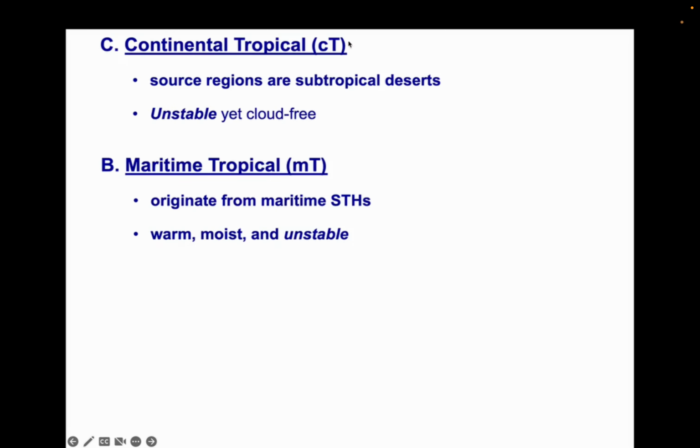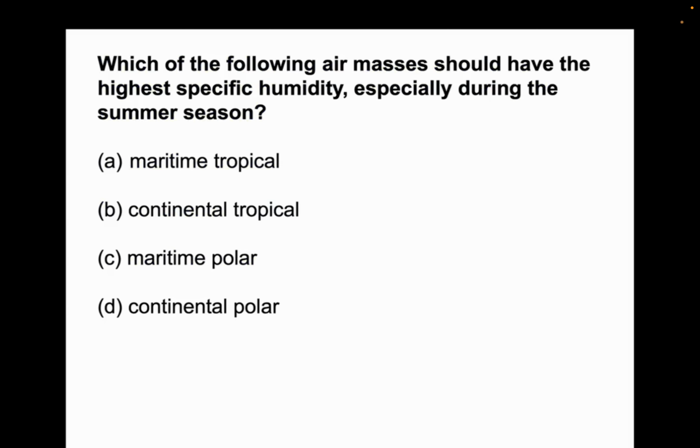The continental tropical air mass dominates subtropical deserts like Arizona and New Mexico, while the maritime tropical really dominates large areas of the U.S. like Atlanta and Florida during the summer season, where you feel there is a lot of moisture, so it would feel really hotter than it is, because this maritime tropical air mass is much more dominant during summer season and brings a lot of moisture and warm air with it, right?